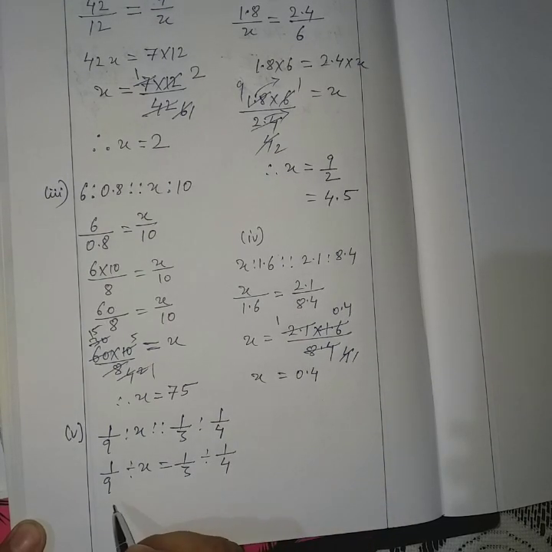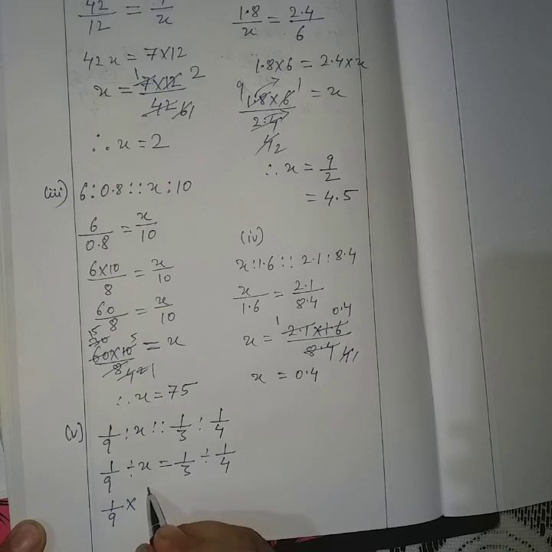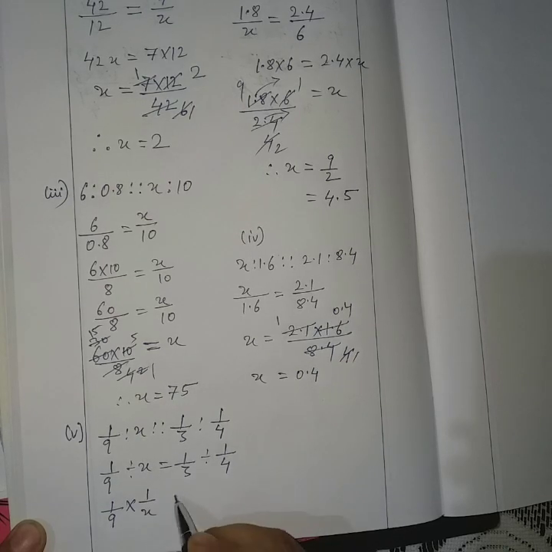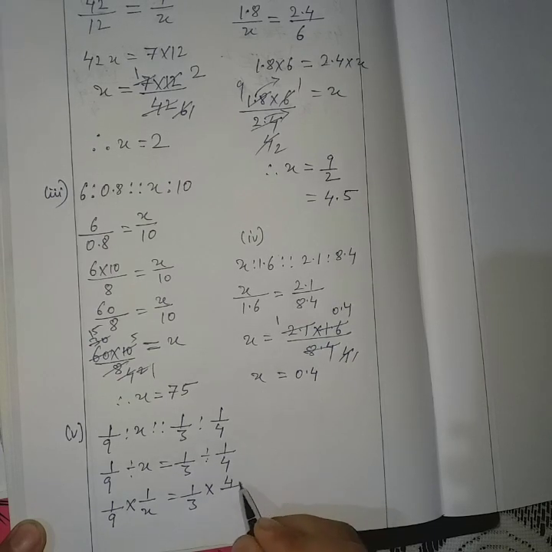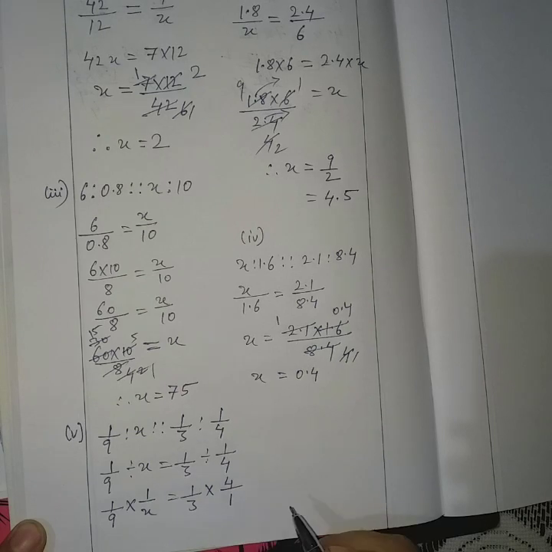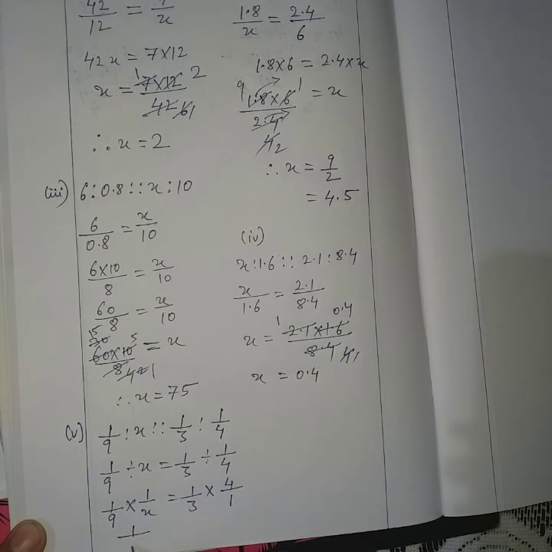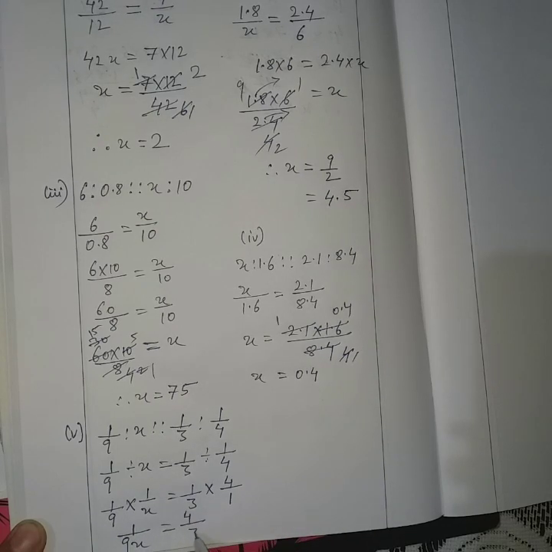So now 1 by 9 divide will make it multiplication and this becomes the reciprocal, meaning 1 by x. Here 1 by 3, this becomes multiplication and this becomes the reciprocal, that is, the denominator goes to the numerator and the numerator comes to the denominator. So now this one became 1 by 9x and this one became 4 by 3.